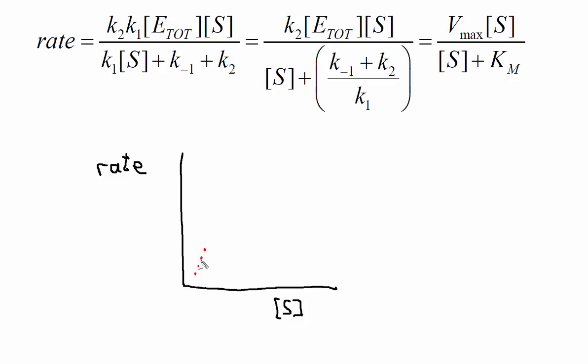The reason for that is that at the starting point, when S is very small, in the denominator here, it can be ignored, and Km, the value of the Michaelis-Menten constant, dominates. And the rate would then be equal to just Vmax over Km times S. That's just linear with respect to S. And the slope of this line would be Vmax over Km.